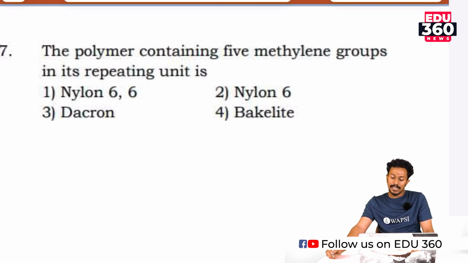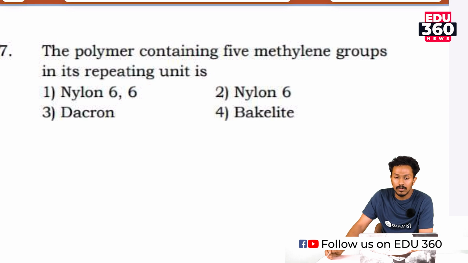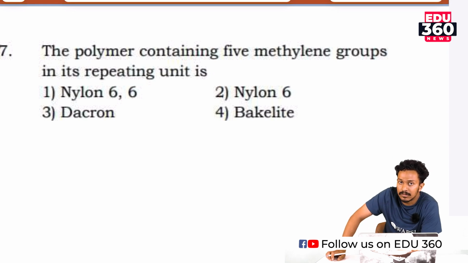The polymer containing 5 methylene groups in its repeating unit. We have studied the chapter of polymers here. So the correct option would be nylon 6. You know, the molecular formula of nylon 6 contains repeating CH2 units, 5 repeating CH2 units and a carbonyl group.